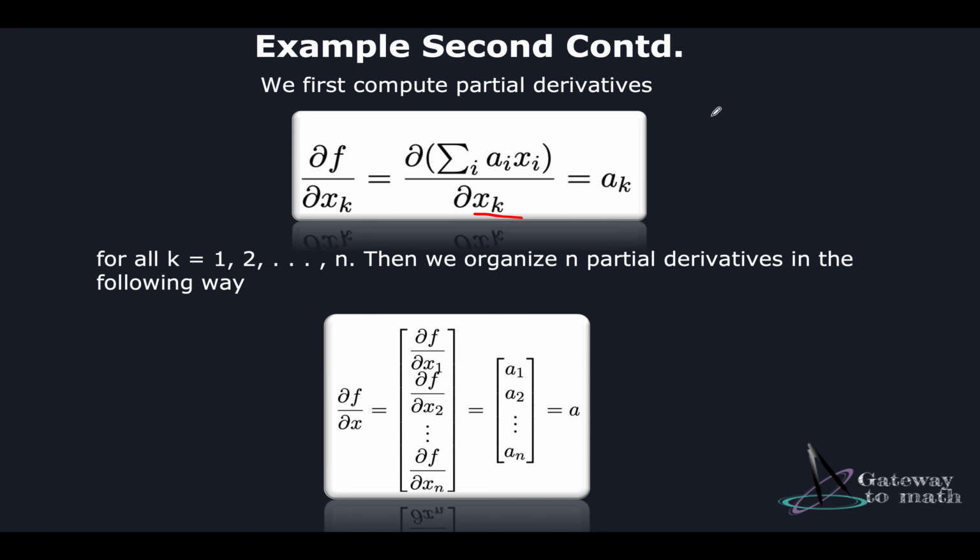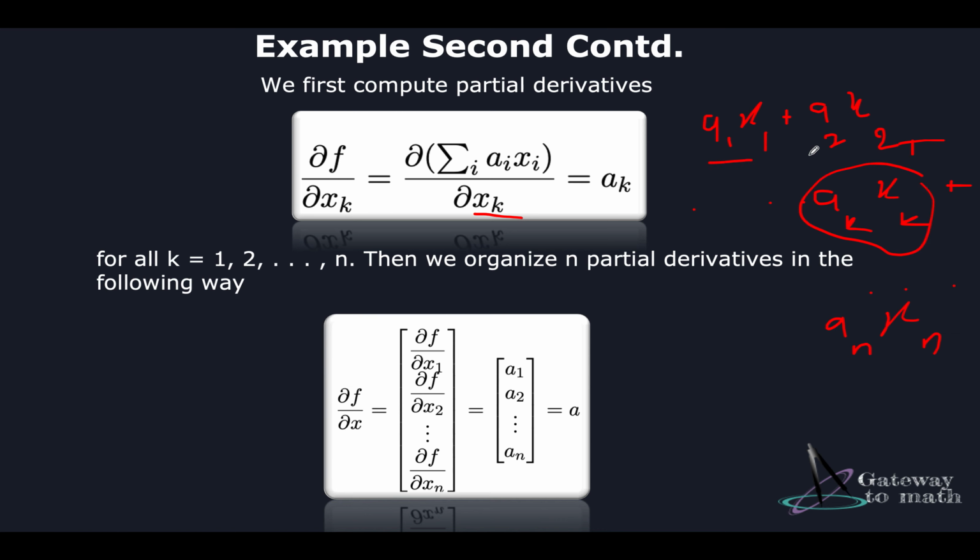Let's suppose we start with a1 x1 plus a2 x2, and this extends until some value ak xk plus some value, let's suppose that an xn is our last value. So when we are finding the partial derivative of all these expressions with respect to del of x subscript k, we'll only have a constant a of k.